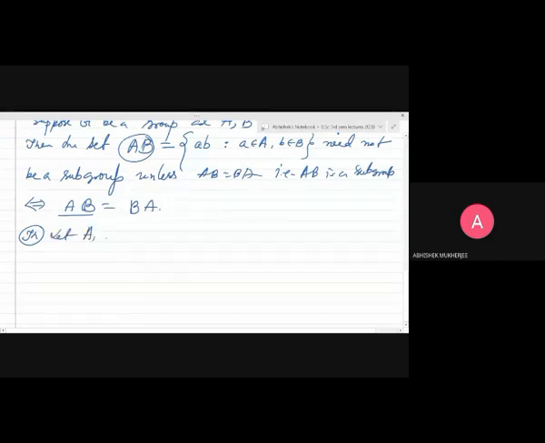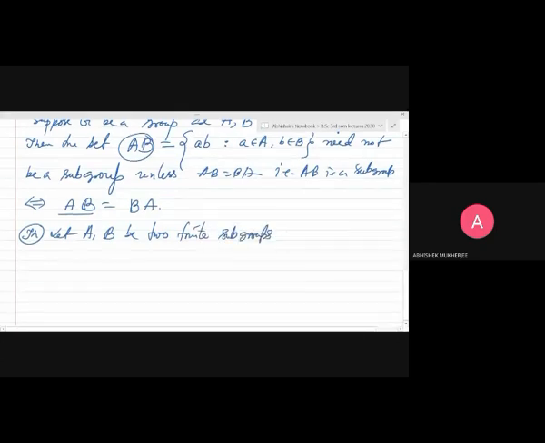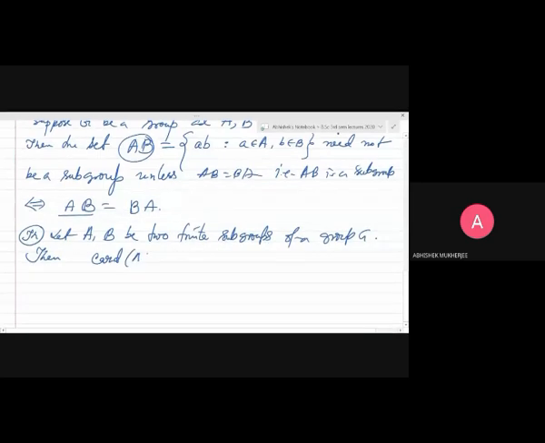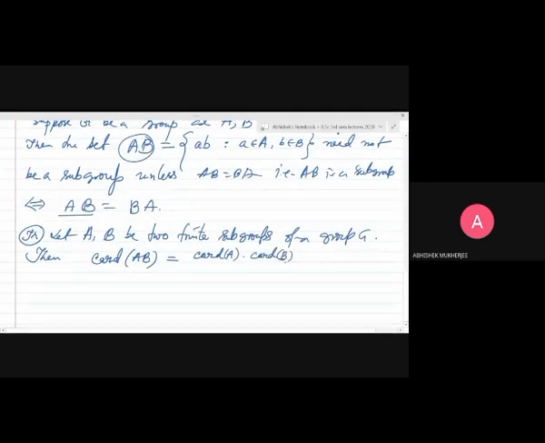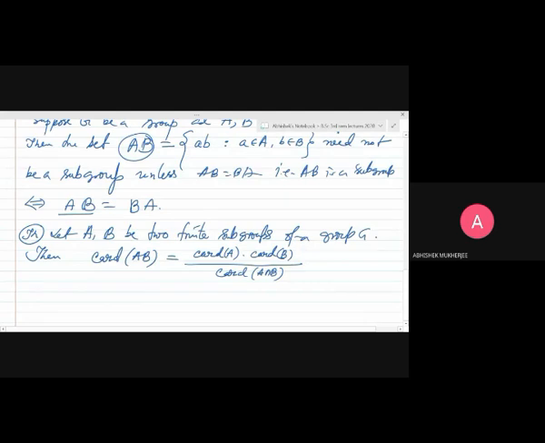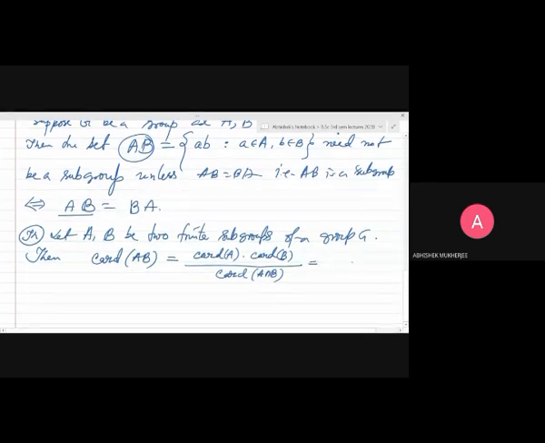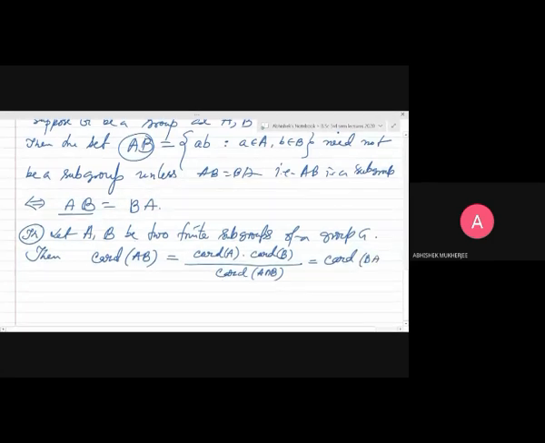Let A, B be two finite subgroups of a group G. Then the cardinality of AB is equal to cardinality of A, cardinality of B divided by cardinality of A intersection B. Not only that, it's equal to the cardinality of BA.